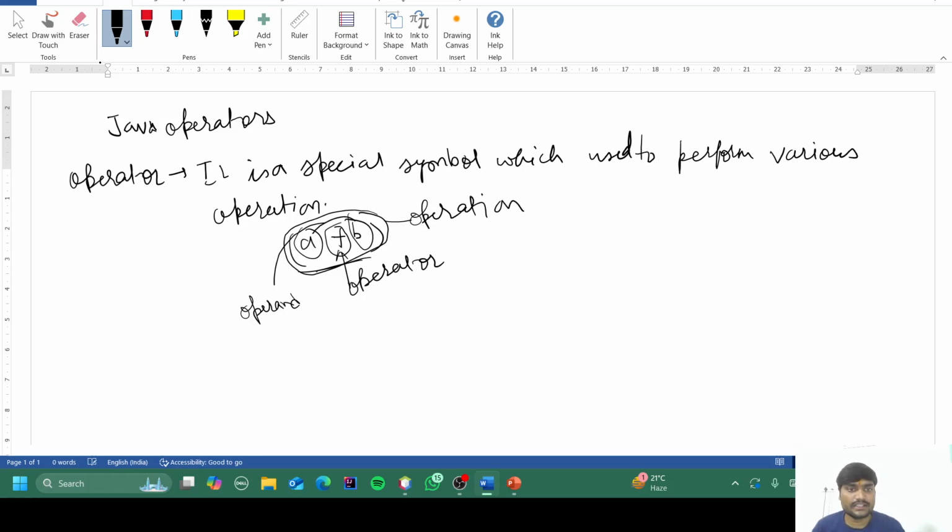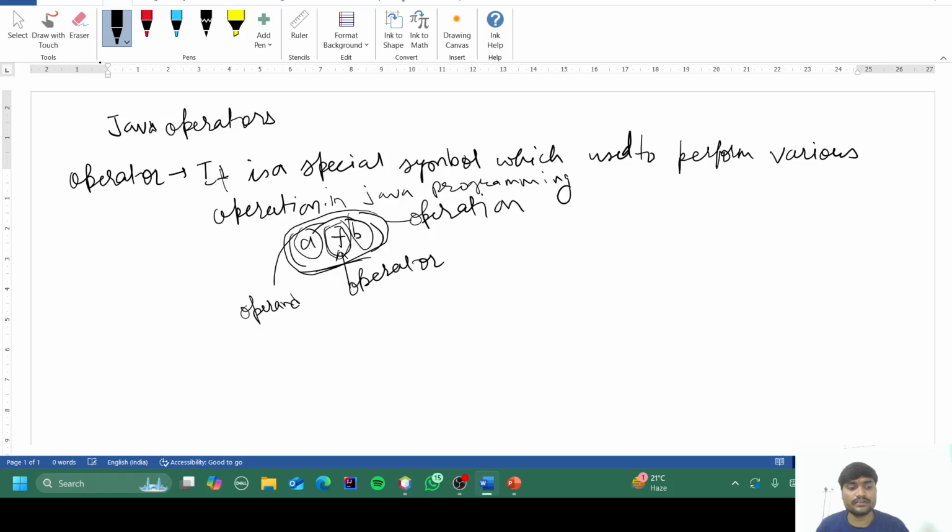So you can see a plus b is the operation, this plus is the operator, and a and b are operands. So operators are special symbols which are used to perform various operations in Java programming.